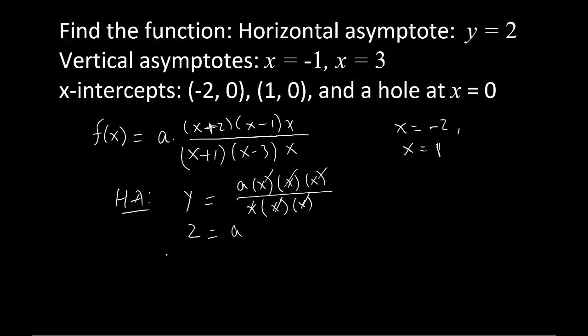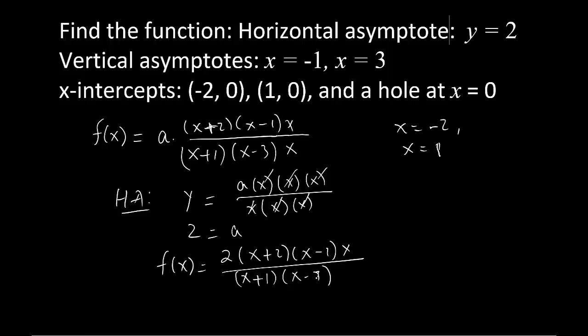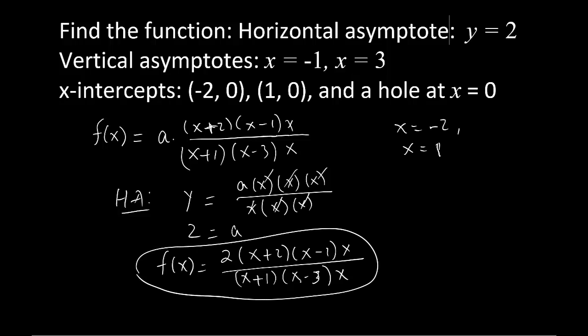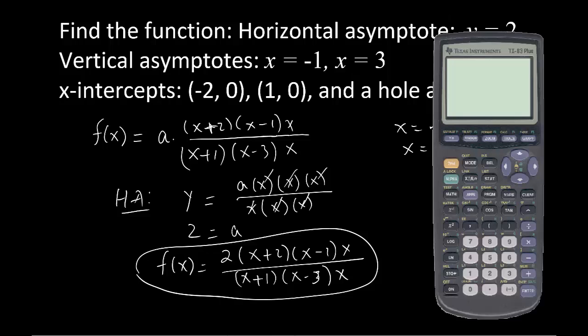We got our function. When we have f of x, my a is 2, so I can write 2 times x plus 2 times x minus 1 times x. You can put this x in front. And then we have x plus 1, x minus 3 and then x. So this is actually the function you are looking for. Don't cancel your x, because if you cancel your x, then in the graph you will not see the hole at x equals 0. So let us look at the graph in the calculator.